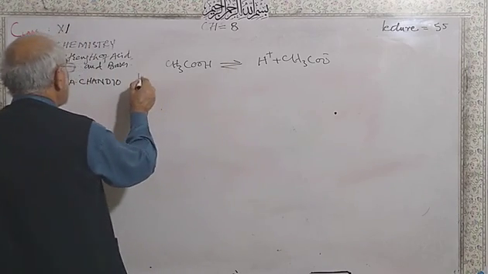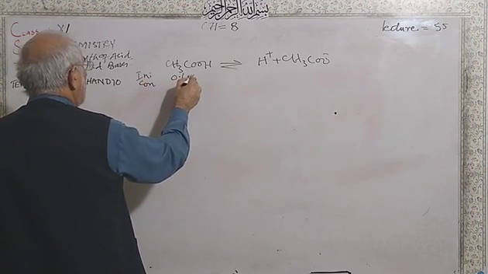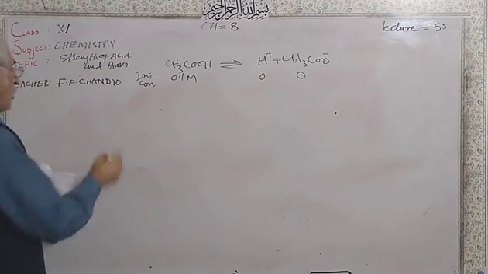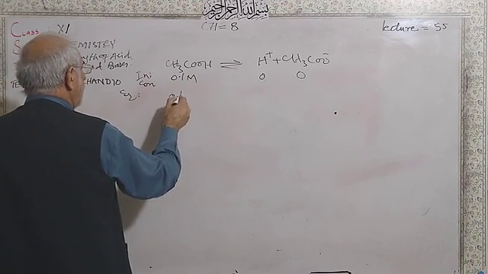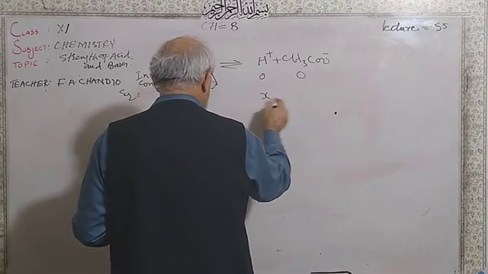So the initial concentration is 0.1 M, here 0 and here 0. The equilibrium concentration is 0.1 minus x, and this will be x and this will be x.